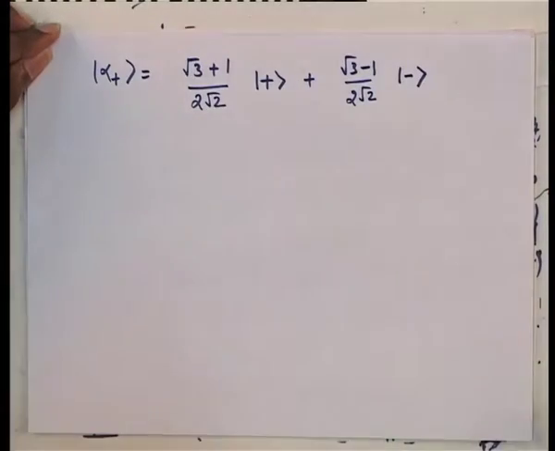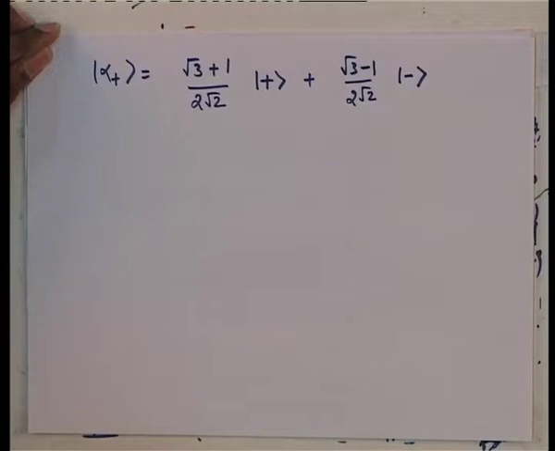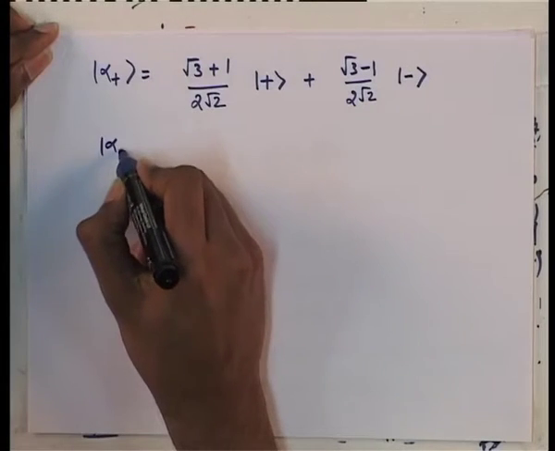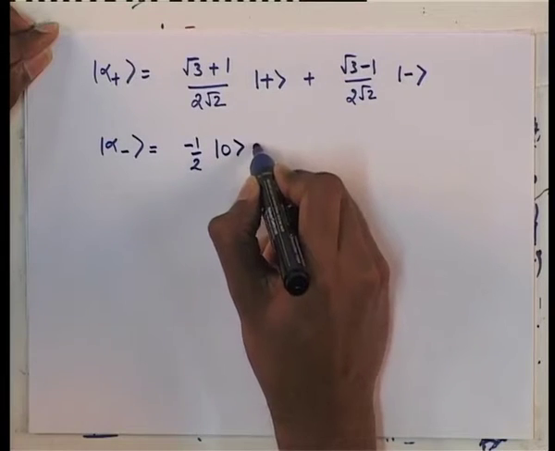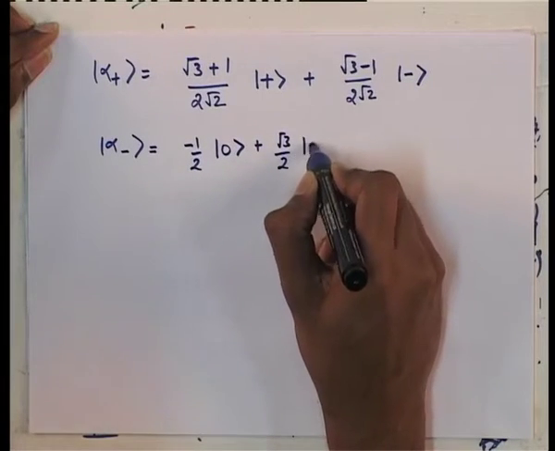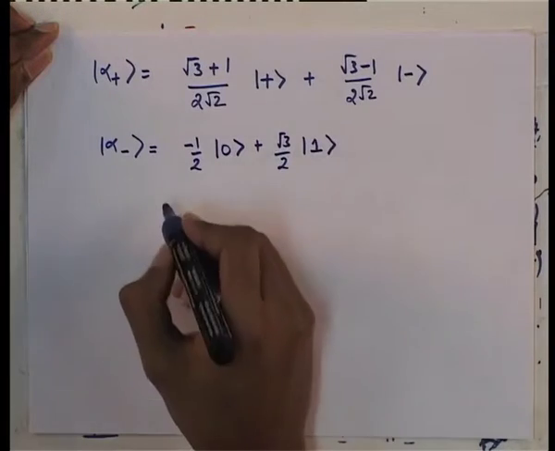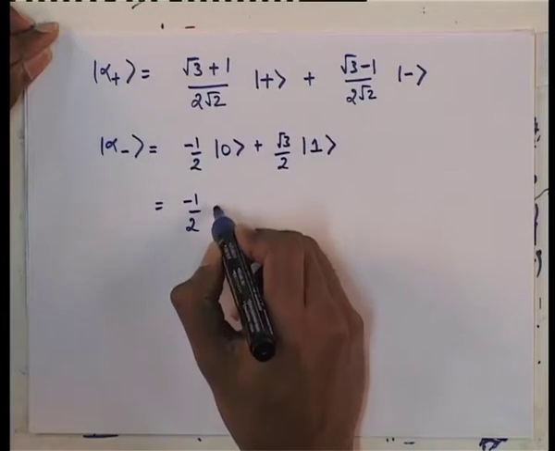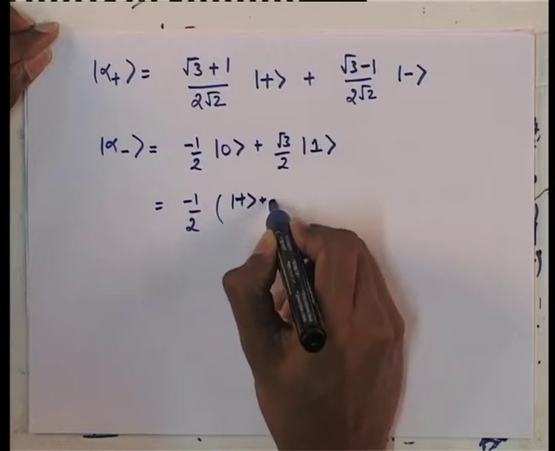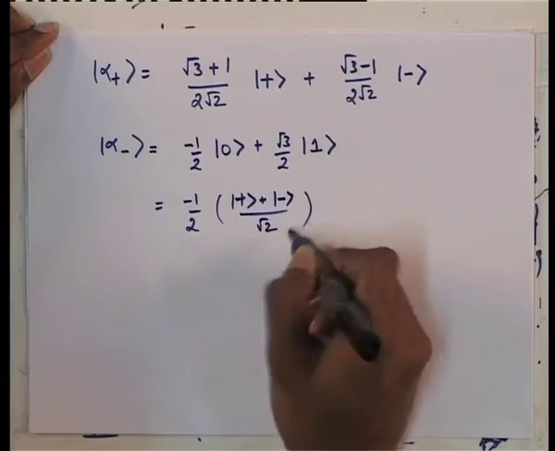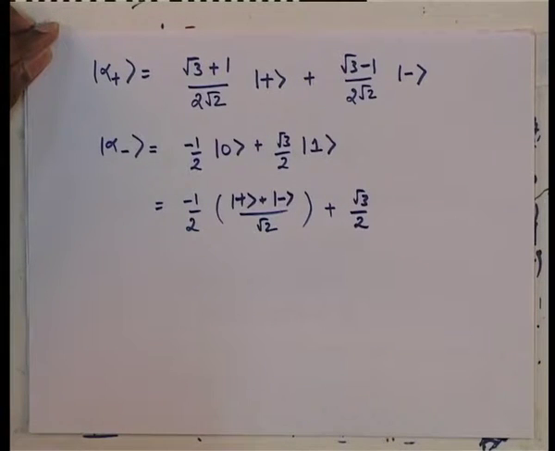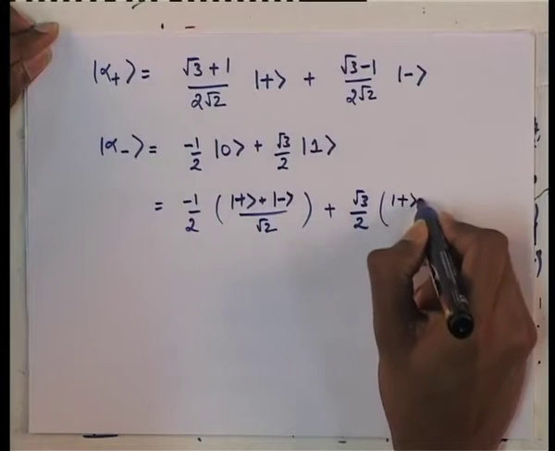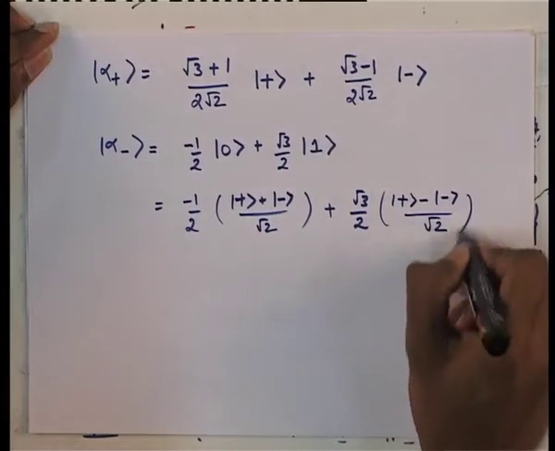Similarly, we can calculate alpha minus. Alpha minus is minus half times 0 plus root 3 times 1, which is nothing but half times plus plus root 3 by 2 times minus by root 2.